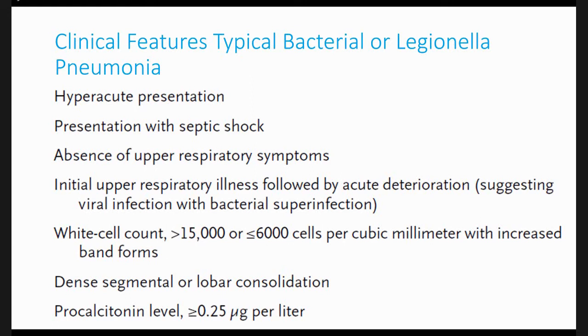We clinicians try to avoid the terms typical pneumonia and atypical pneumonia. Why? Because typical pneumonia may have an atypical presentation and atypical pneumonia may have a typical presentation. So it's better to call them typical microorganisms or atypical pathogens rather than typical or atypical pneumonia.